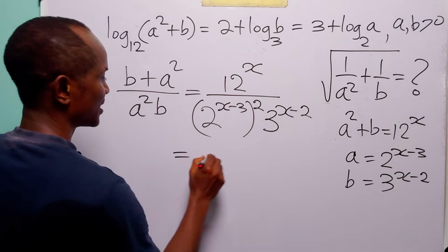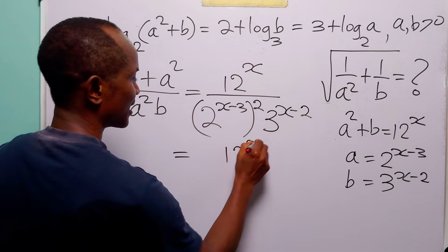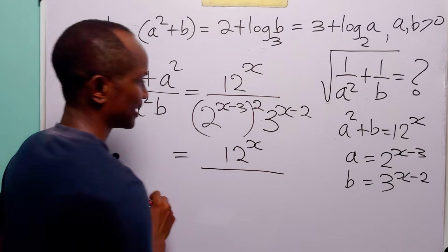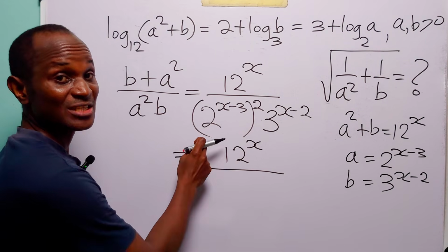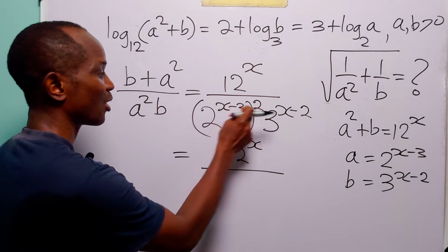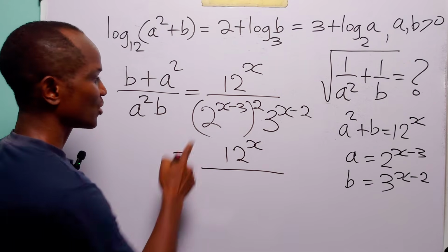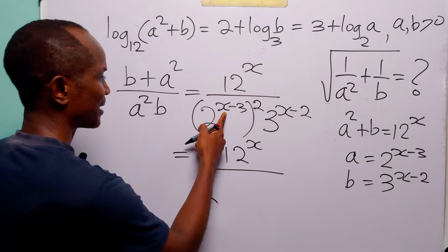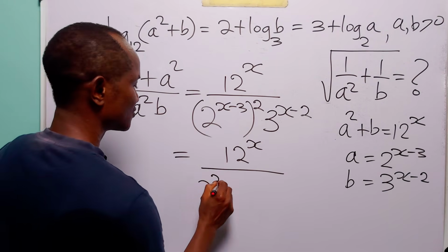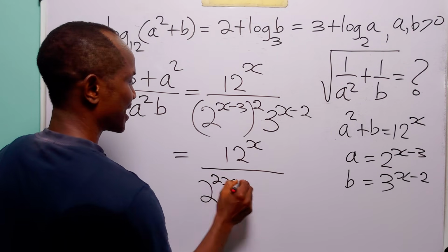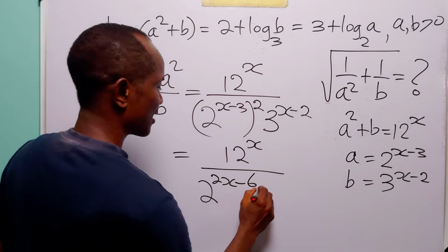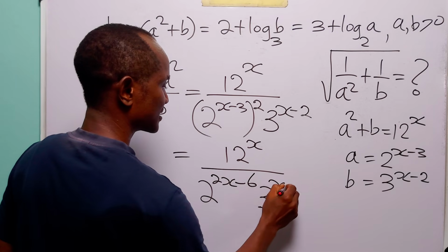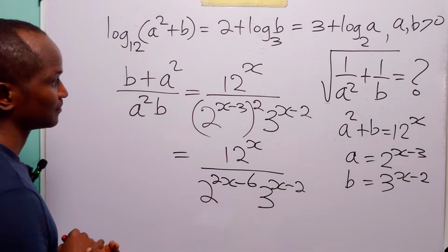Now, from here we have 12 to the power x divided by, remember that when we have two powers like this, to get rid of this bracket, we multiply these two powers. So here we have 2 to the power x times 2, that is 2x, minus 3 times 2, that is 6. And here we have 3 to the power x minus 2.